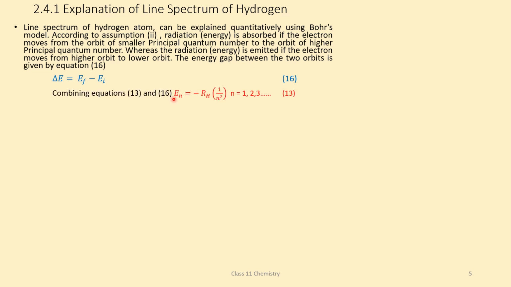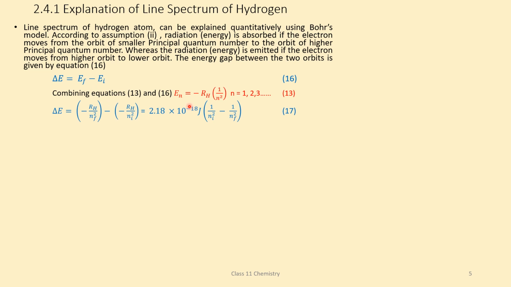Here E f is the energy of the final state and E i is the energy of the initial state, and the difference between the two is given by delta E. Now equation 13, which we studied in the earlier slides, is E n is equal to minus R H into 1 over n square, where n is an integer, n is equal to 1, 2, 3, etc. R H is the Rydberg constant and E n is the energy level of that particular orbit.